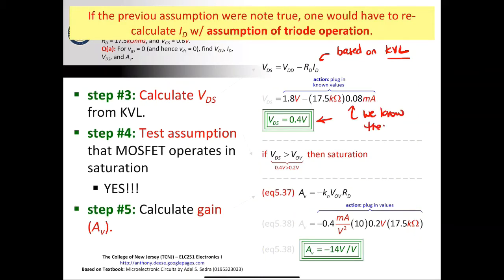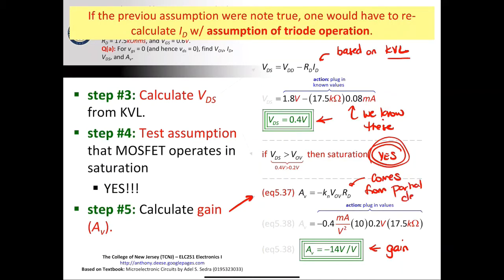Let's test the assumption that the MOSFET is operating in saturation. Is VDS greater than VOV? Yep, that's good. And then lastly, we can go ahead and calculate the gain, which is equation 5.37, which we got from when we took the partial derivative of VDS with respect to VGS.